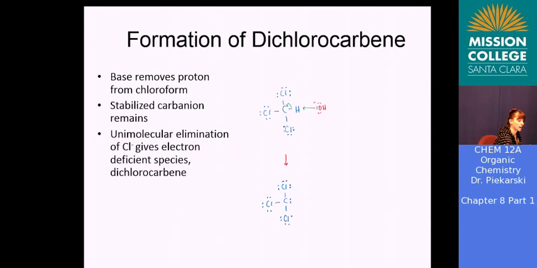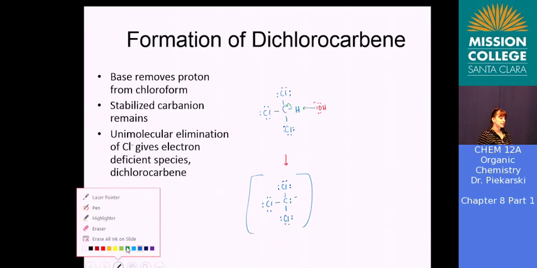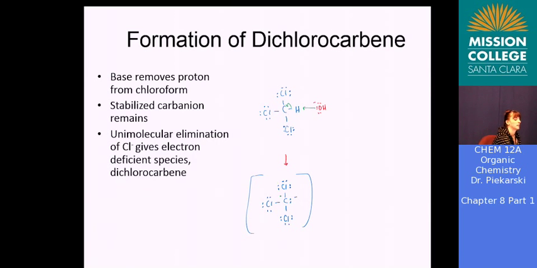And that carbon has what kind of formal charge? A -1. Now the next step is a spontaneous loss of a chloride. Because remember I said halogens, when they go into their halide form, chloride or bromide, they're happy, they're great leaving groups, because then they have an octet and they'd rather be on their own. So we get spontaneous loss of a chlorine.